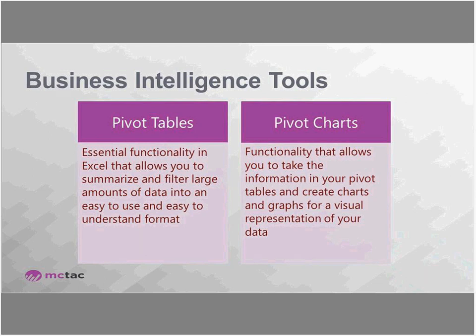A pivot table, if people are not familiar with it, is an essential functionality in Excel that allows us to summarize and filter large amounts of data and put it into an easy-to-use and easy-to-understand format. For example, we run a report from our electronic medical record.